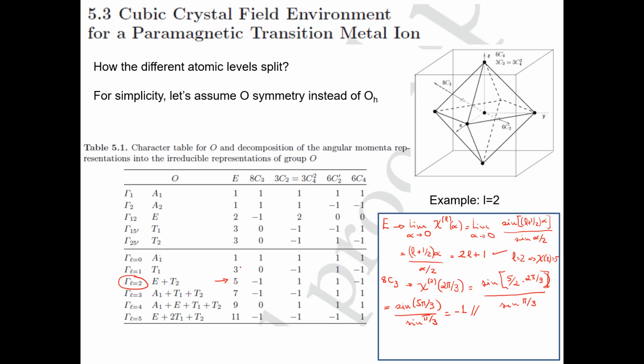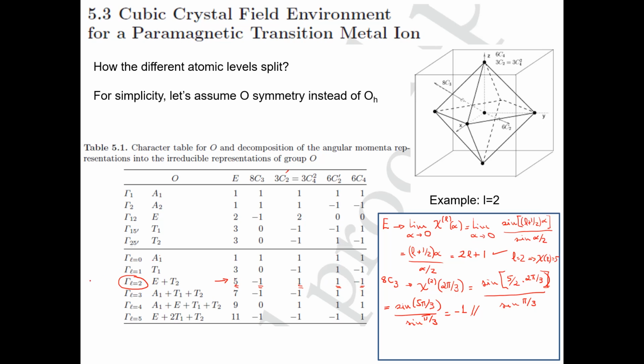For L equals to 2, the character is 5 for the identity, then minus 1 for C3. And if you do the same exercise for the C2 rotation, you get 1. So this is 1. This is a C2 rotation. This is also C2 rotation, C2 prime. So this is also 1. And for C4, if you do the same calculation, it's minus 1.